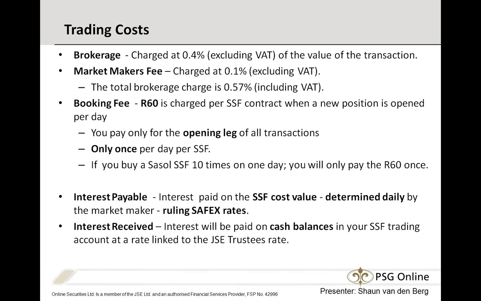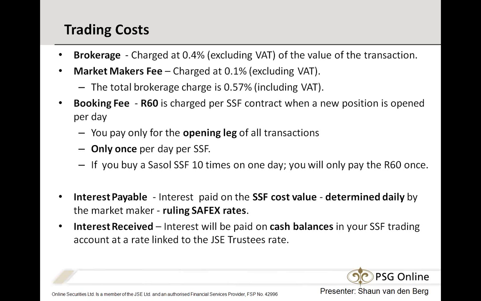Remember I mentioned just now you're putting down roughly about 15%. You're borrowing the other 85%. So obviously there's interest involved there. Interest is paid on the transaction value, and that's determined by the market maker, RMB, as I said, and that's roughly at the ruling SAFEX rates.